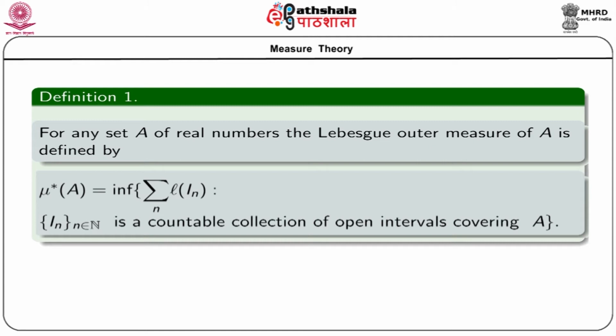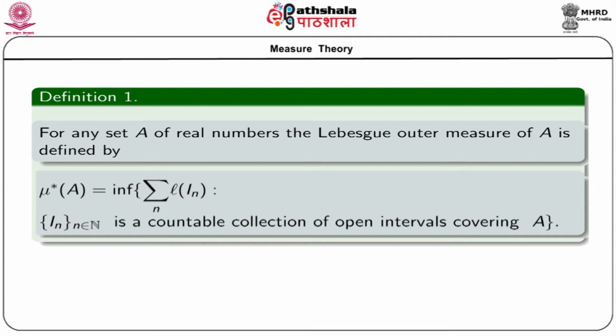Why do we take this definition? Because we already know from the theory of real analysis in the undergraduate syllabus that the whole real line can be covered by a countable number of open intervals.